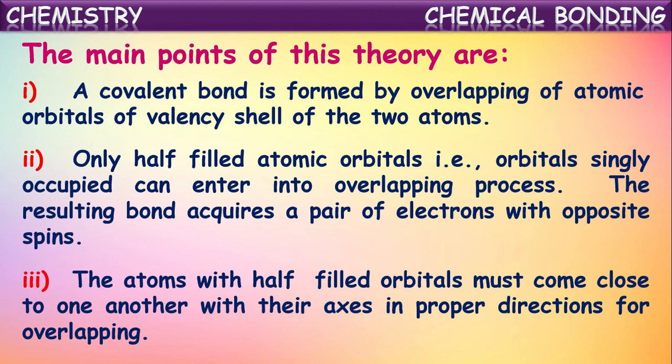This all will occur when those two atoms approach a certain distance. They should come close to one another at a particular distance in the proper direction, then only this overlapping occurs, and thus they result in the formation of a covalent bond.